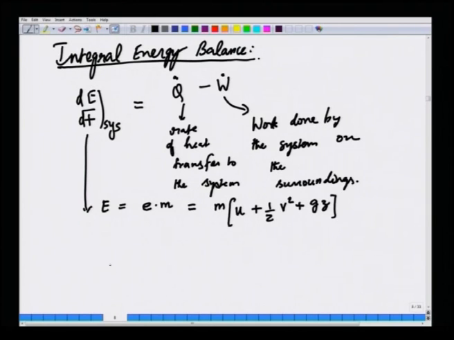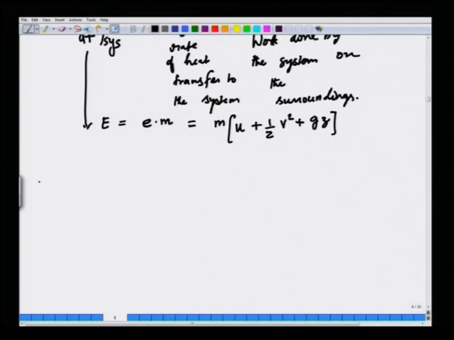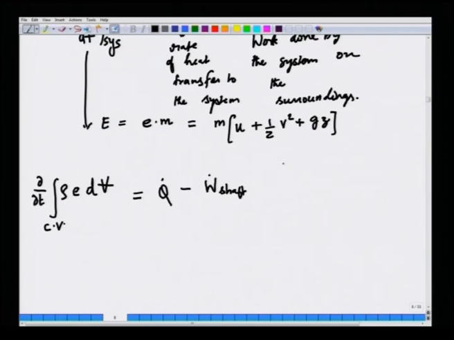Okay. And when we apply the Reynolds transport theorem, we said that this must be equal to d/dt of the integral over the control volume of rho E dV, that is equal to the rate at which heat is transferred to the system minus the rate at which shaft work is done by the system.